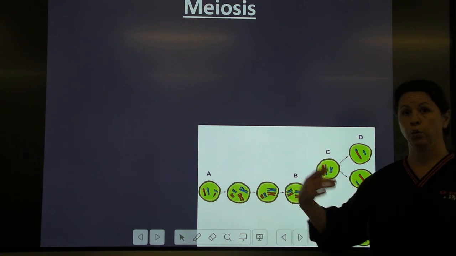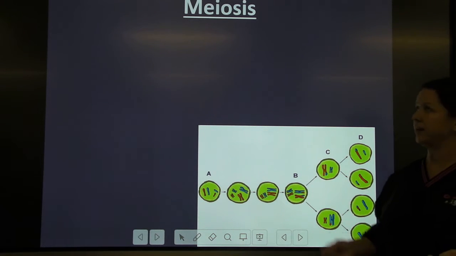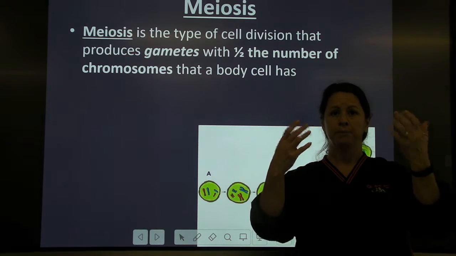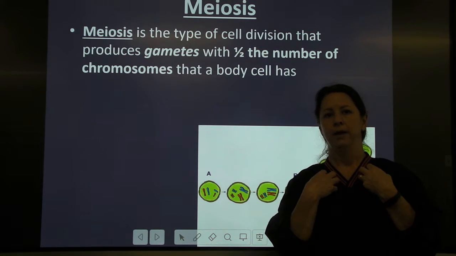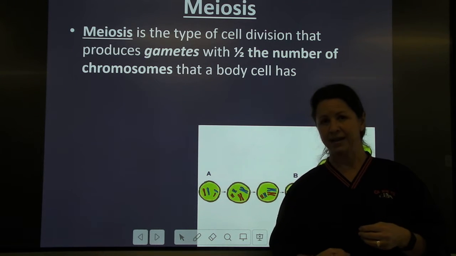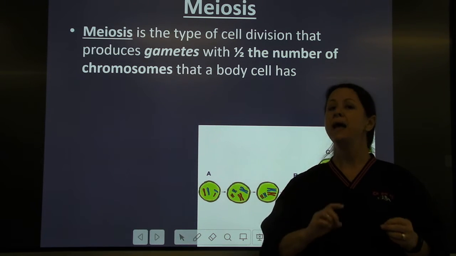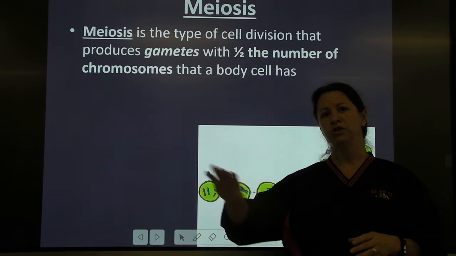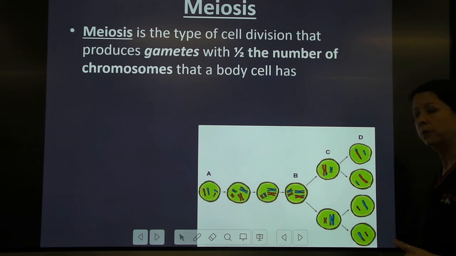Now we're talking about getting new organisms. And where do those genetics come from? Meiosis is how each parent organism can create a cell capable of giving just half of the chromosomes to the next generation of organisms.